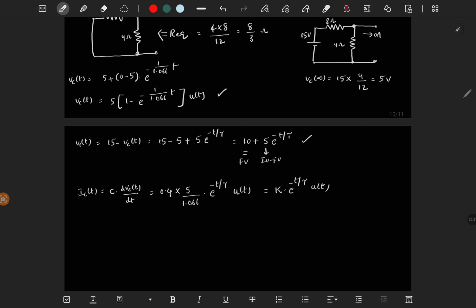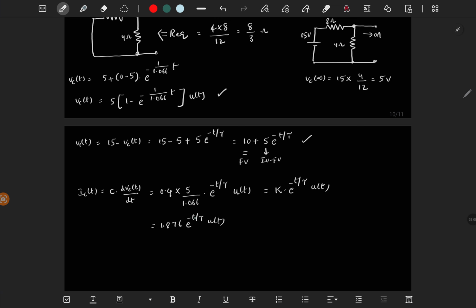Let's see how much we get: 1.876 times e power minus t by tau u of t.